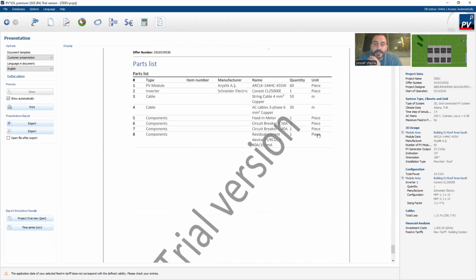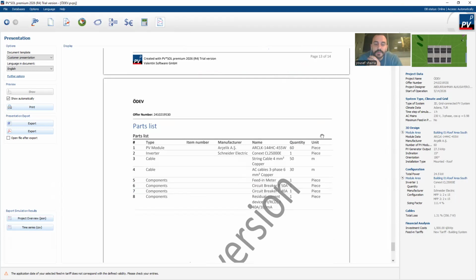Okay, and in the last page, finally, page number 14 shows the complete bill of materials, the parts list.